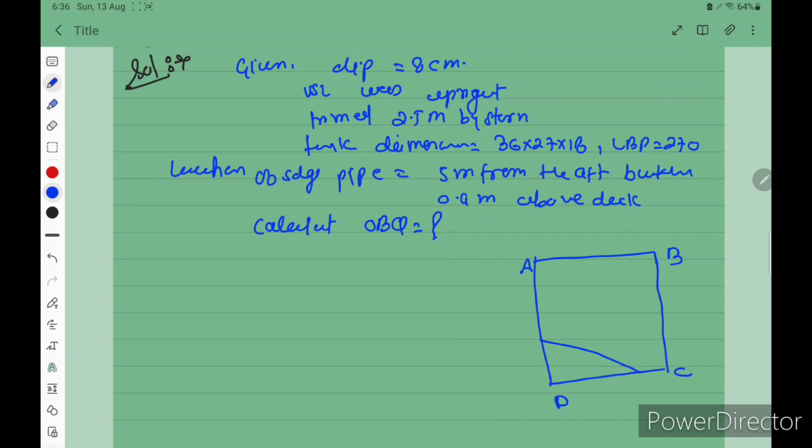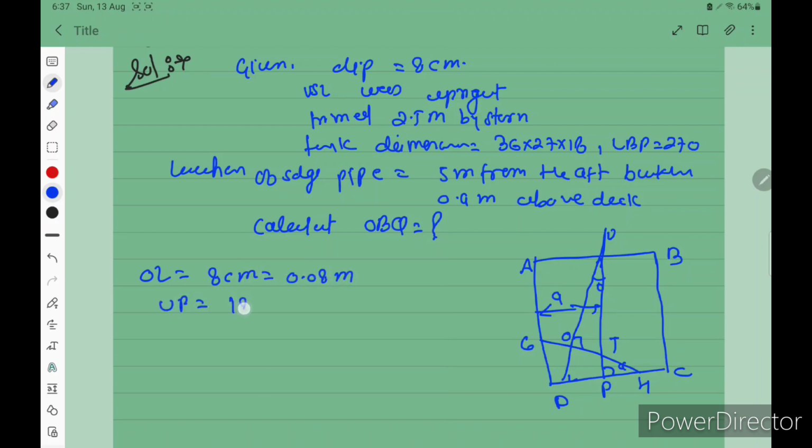ABCD is the dimension of the tank. So GH. Okay, so OL is given 8 cm. We have to convert in meters, so 0.08 meters.